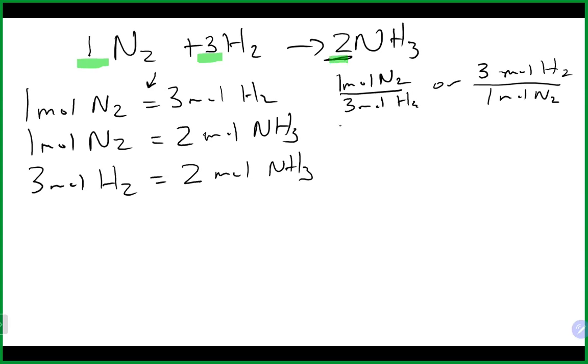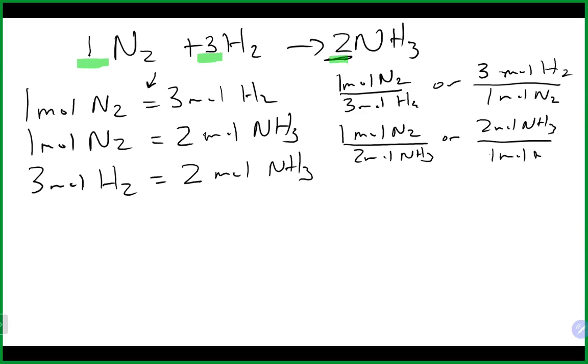For the second one, we could say for 1 mole of N2, we get 2 moles of NH3, or for 2 moles of NH3, we get 1 mole of N2.